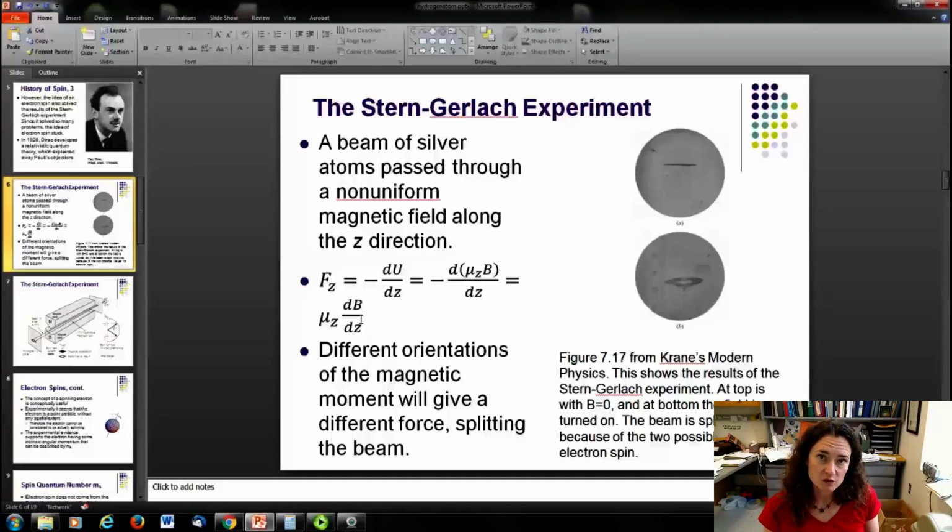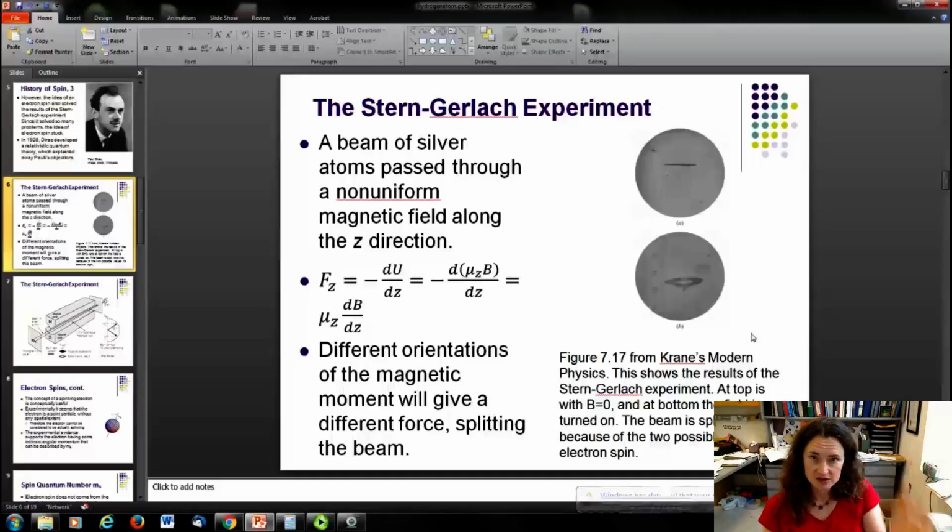Now the force would also be proportional, though, to that magnetic dipole moment, okay? And so what they saw was because electrons had this inherent net magnetic dipole moment with 2 possible values to it, they saw a splitting of the beam as it passed through into 2 distinct beams, okay? And that's pictured here on the right. This is the results of the Stern-Gerlach experiment.